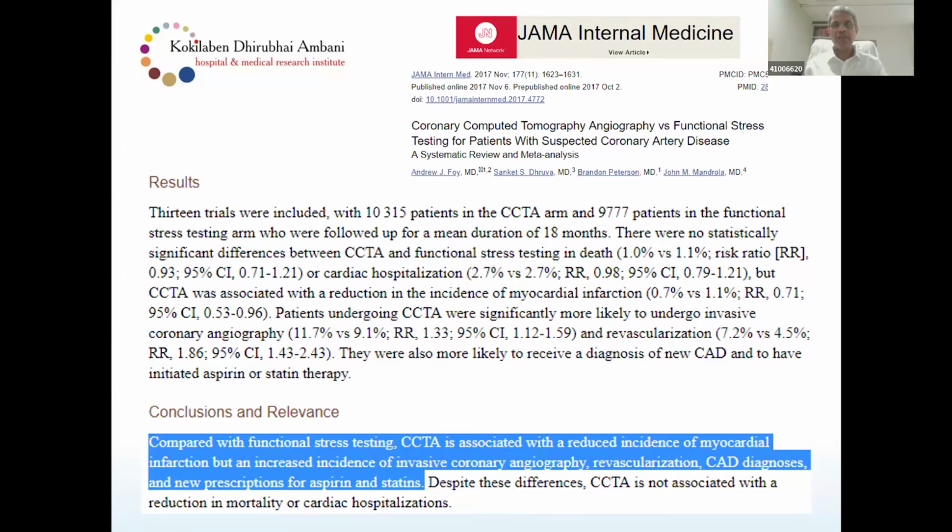That is why there is a reduced incidence of myocardial infarction in patients who undergo CCTA, that is CT coronary angiography, versus stress testing. So stress testing, according to me, should actually be given up in the evaluation of chest pain.